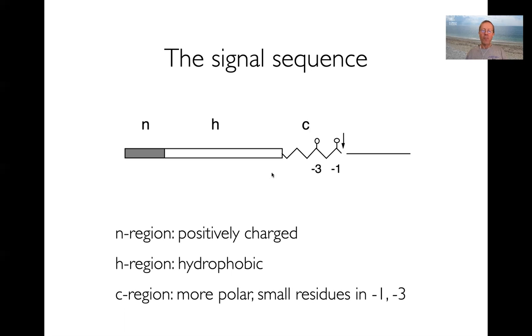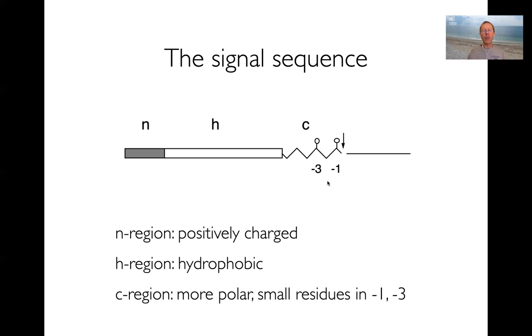So this was by eyeballing a few early examples of signal sequences. One could make a hypothesis that maybe this is some sort of conserved overall design of the signal sequences.